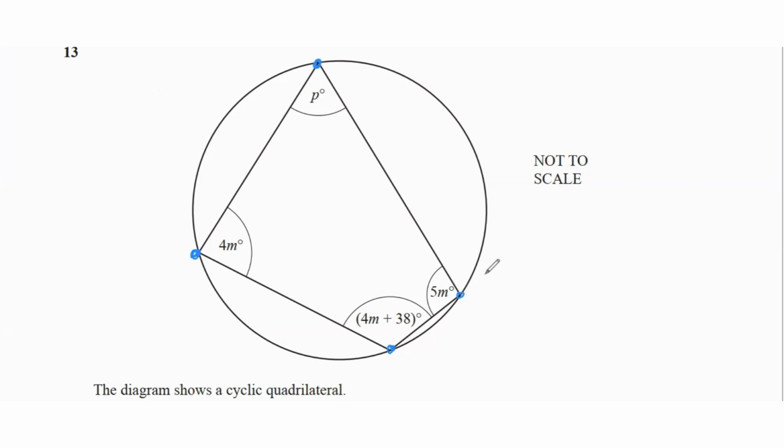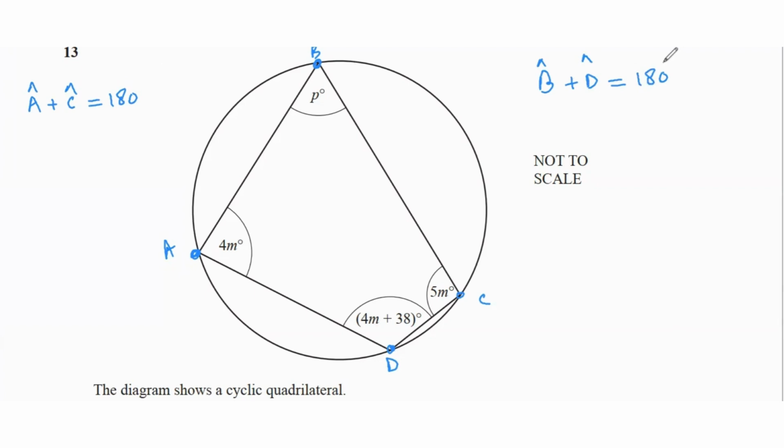Secondly, in a cyclic quadrilateral, opposite angles add up to 180. So if I call this A, B, C, and D, angle A plus angle C is 180, and angle B plus angle D is also equal to 180.